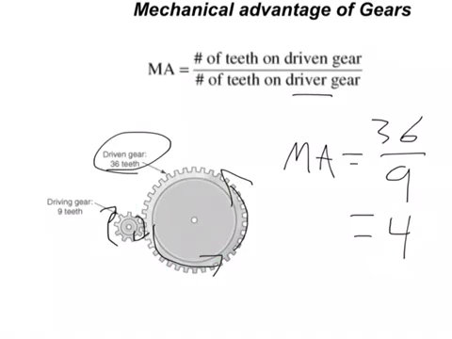So when would you want to go slow but have more power? Up hills. Usually when biking, you'll switch into a smaller gear so that it's less work for you, and yes, you will move slower, but it's easier. And usually when you're going up a hill, you're not trying to go fast, you're just trying to make it.